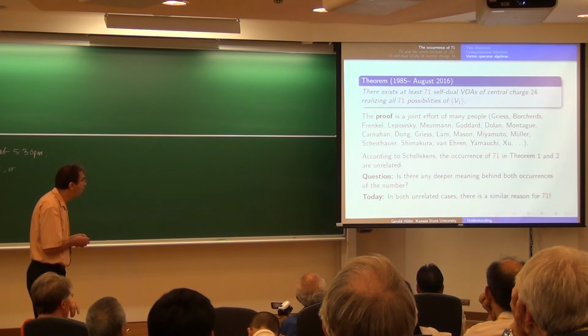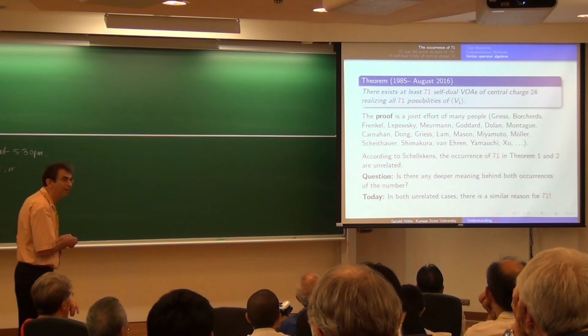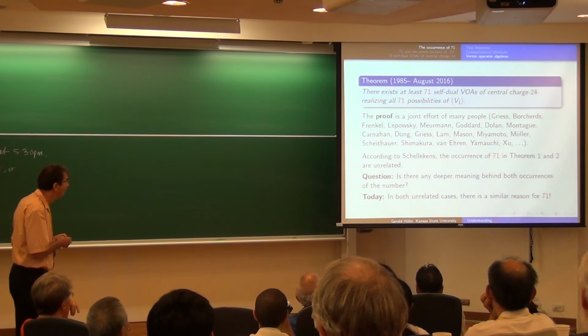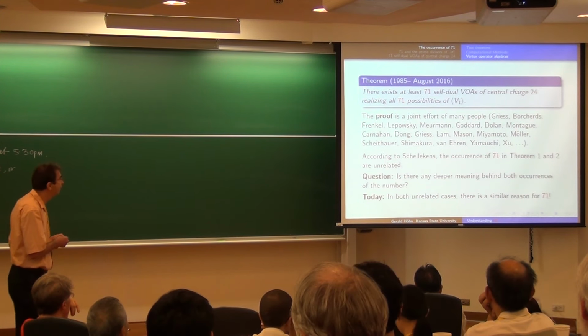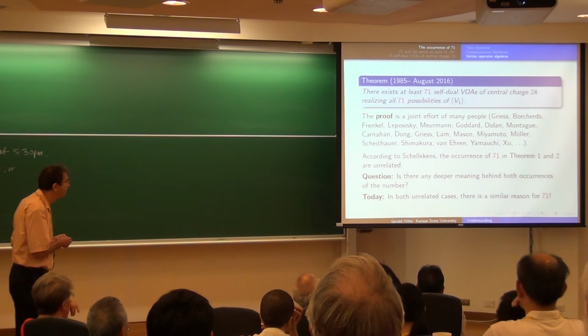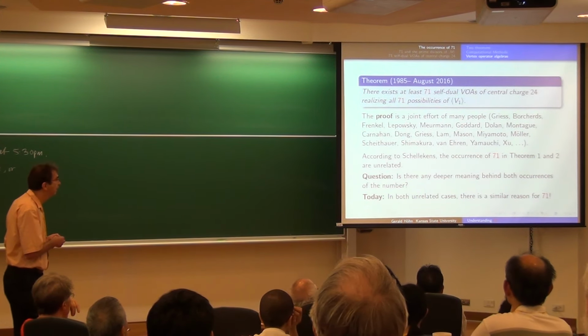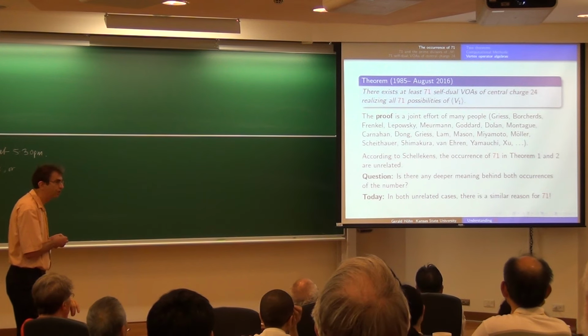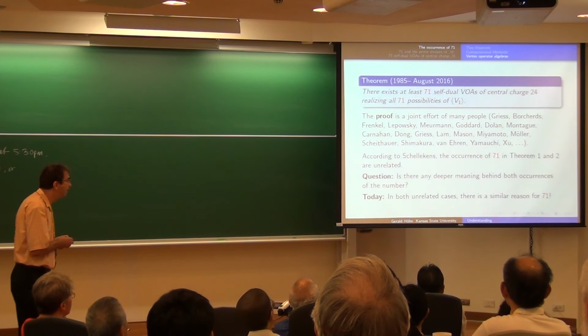Now, progress has been slow, but as we will see at the end of this talk, one can now prove that for each of these 71 possibilities for the affine Kac-Moody sub-VOA, there is at least one such vertex operator algebra, and the proof is the joint effort of many people.